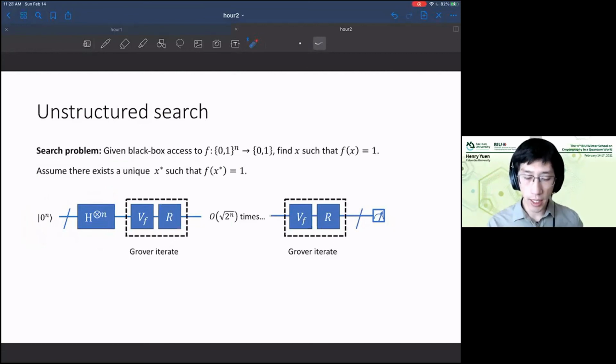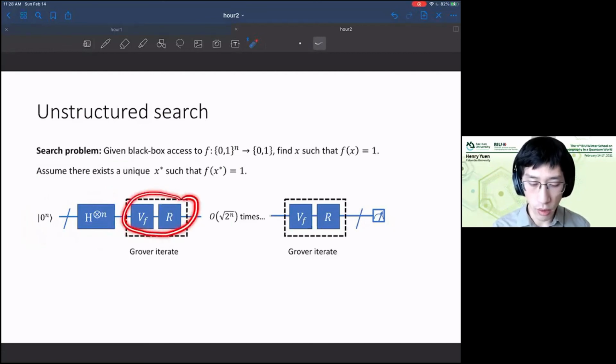Then we repeat a subroutine square root 2 to the n times. We repeat this Grover iterate, which is applying the phase oracle and then some other unitary we call R, over and over again. At the very end, we measure, and the claim is that with high probability we get this string x star.